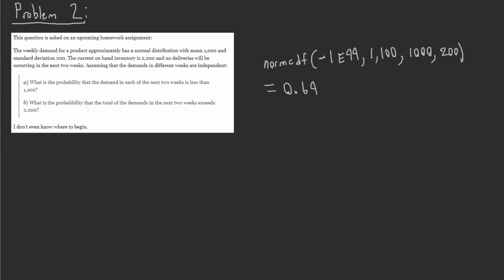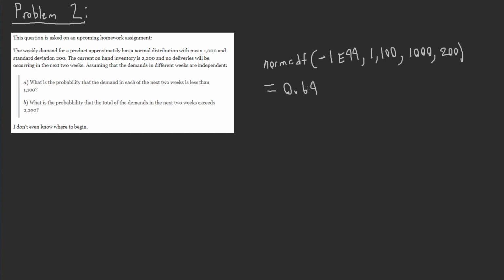1,100. And because the demands in these 2 weeks are independent, we can also say that the probability of the demand in both of the next 2 weeks not exceeding 1,100 is equal to the product of this and itself, since they have the same probability of being less than 1,100 and they're independent.